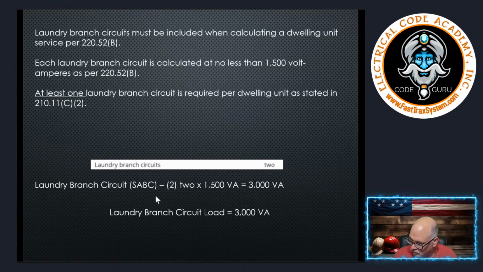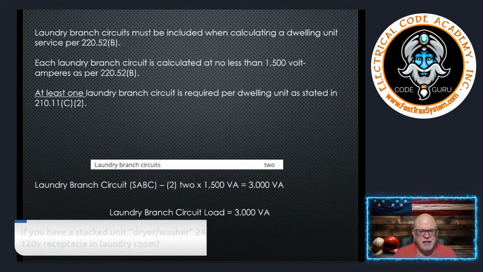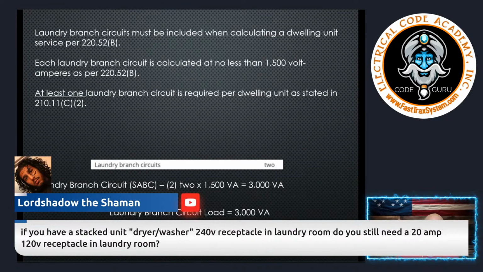We have a good question that came up here. If you have a stack unit, remember, dryers are not required. The laundry circuit is required, so you're still required to have the laundry circuit at 20 ampere regardless.